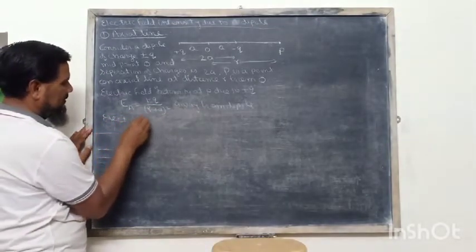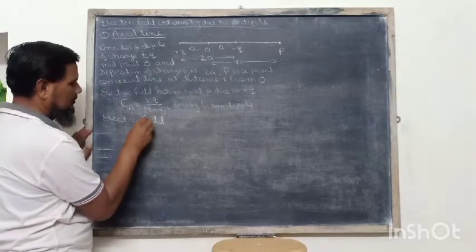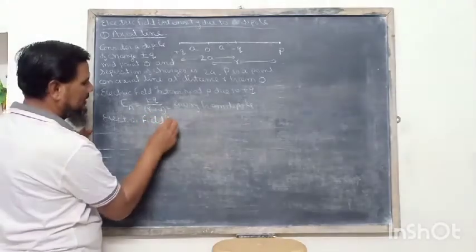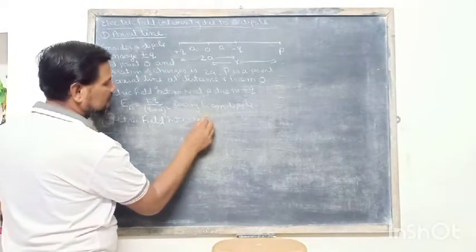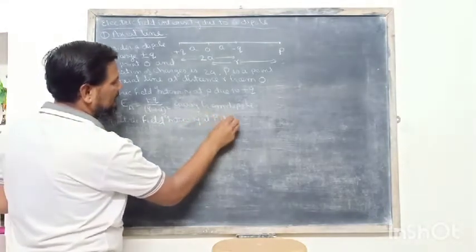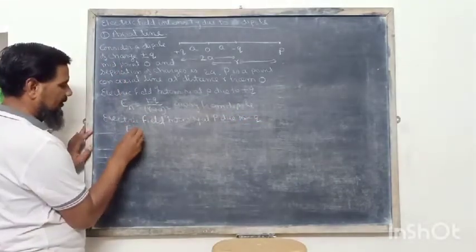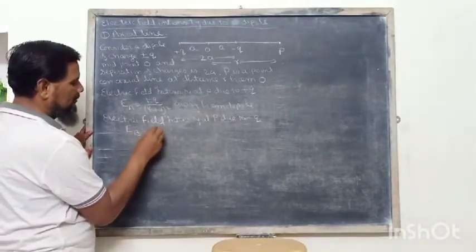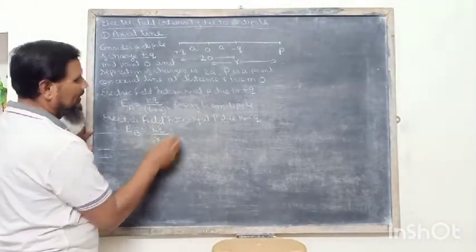Electric field intensity at P due to minus q charge, EB, is equal to KQ upon (r minus A) whole square.